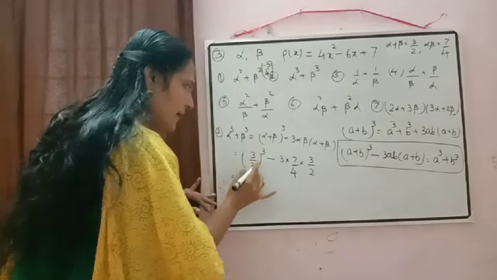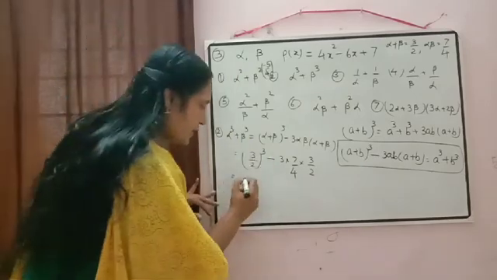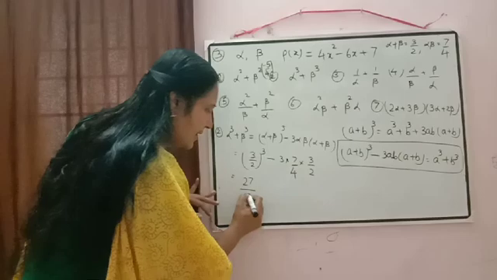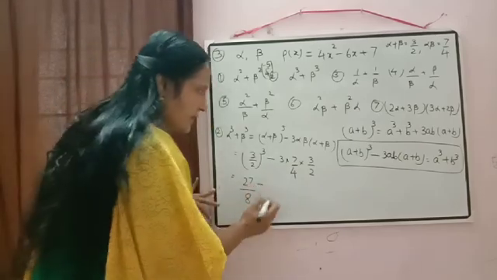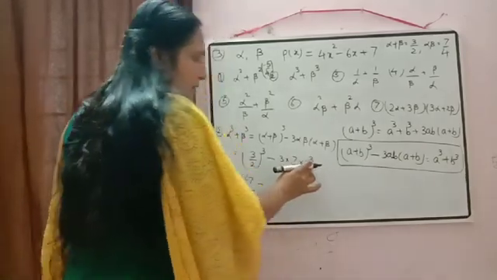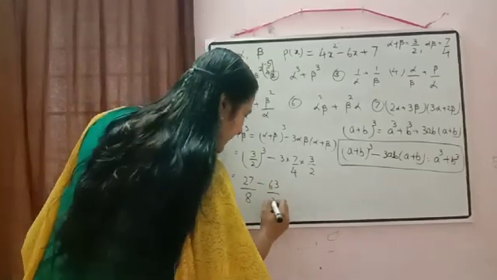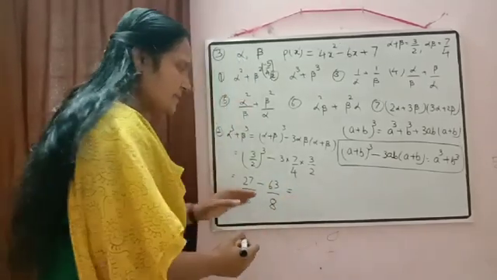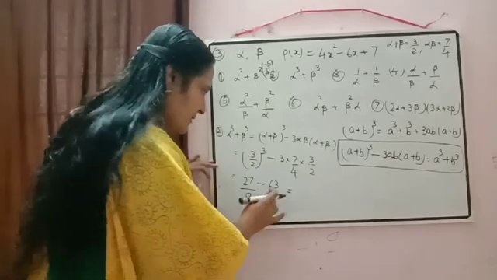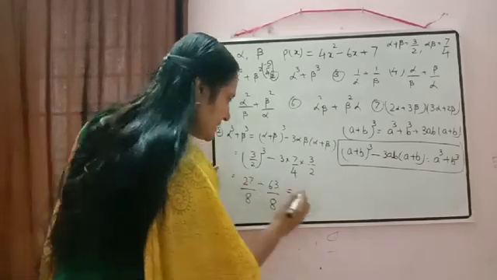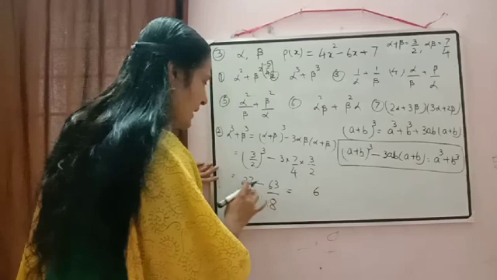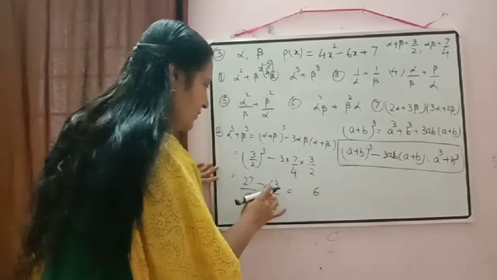What will come? 3 by 2 the whole cube, that will be equal to 27 by 8 minus here 3 3s are 9, 9 7s are 63, 63 by 8. Denominators are same, so directly we can do the subtraction. 13 minus 7 will be equal to 6, and here it will be equal to 5.